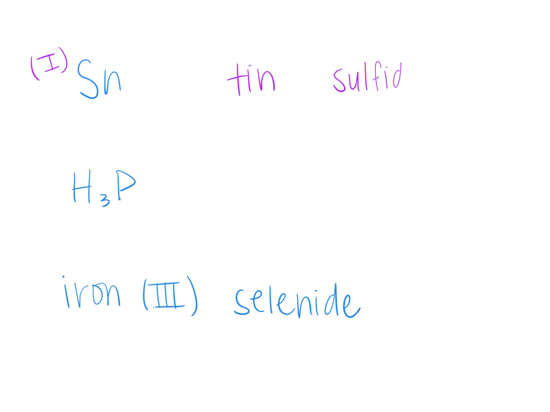But what do I have to include? The Roman numeral. And what is the Roman numeral for this one? Tin 4 sulfide. Okay, I know it's tin plus 4. Listen. If sulfide is minus 2 and there are 2 of them, that means that's a minus 4. And so to get that to be canceling, you have to have a plus 4.